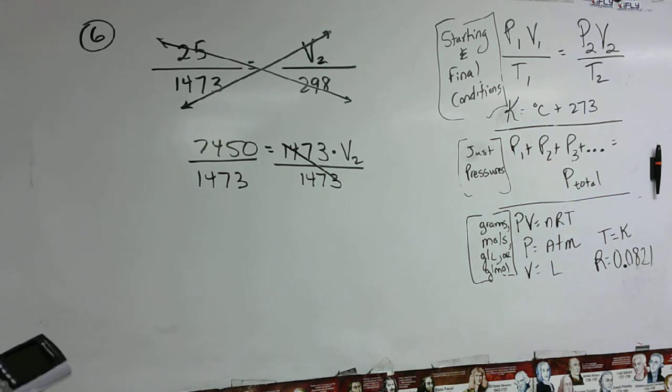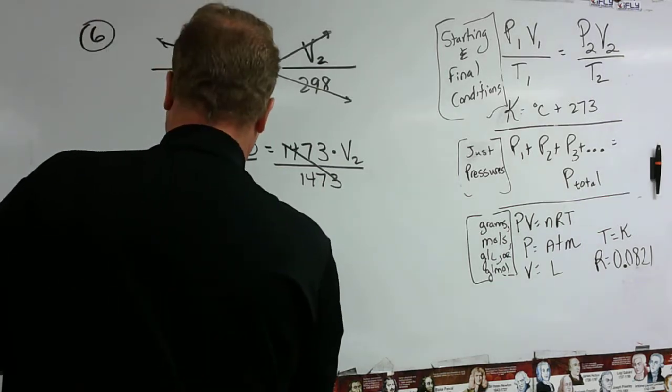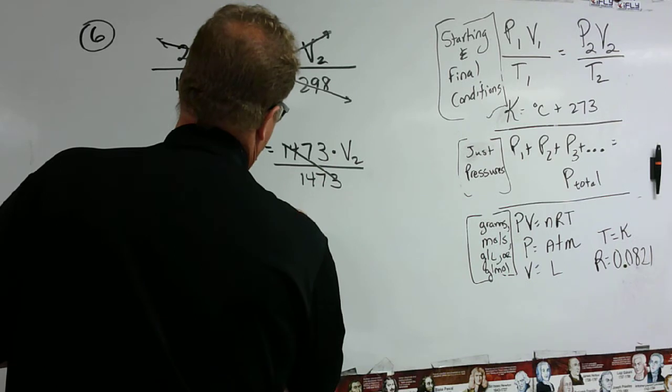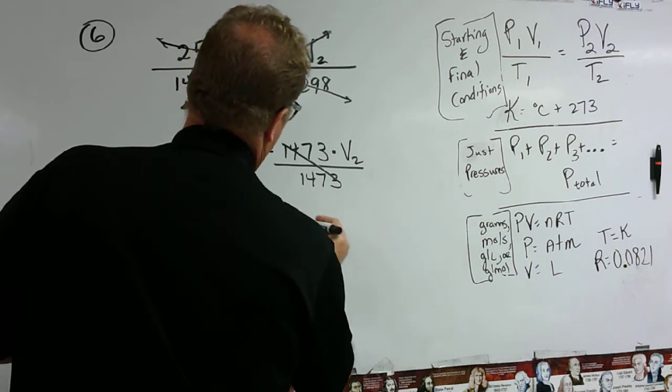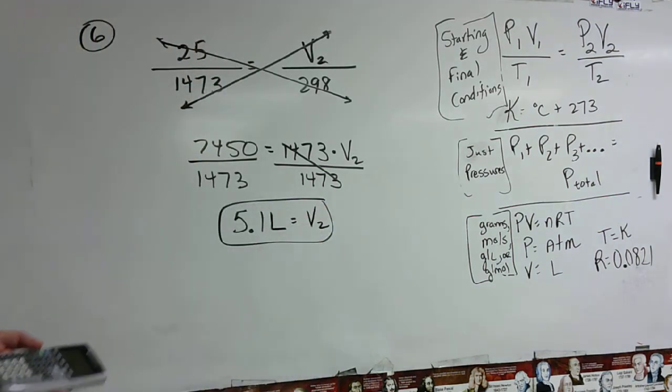You're going to notice that these are pretty easy to deal with. Sometimes we have to deal with relationships, but I'm going to go ahead and write this in next. So it's 5.1 liters for my volume.